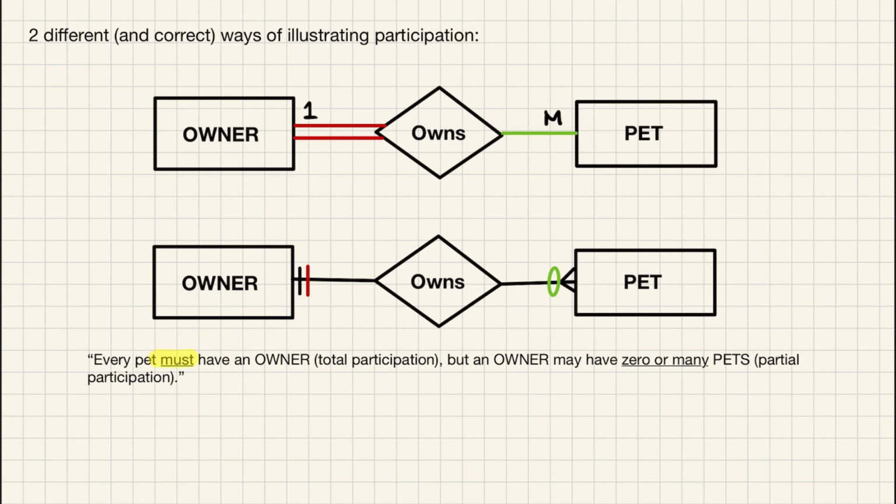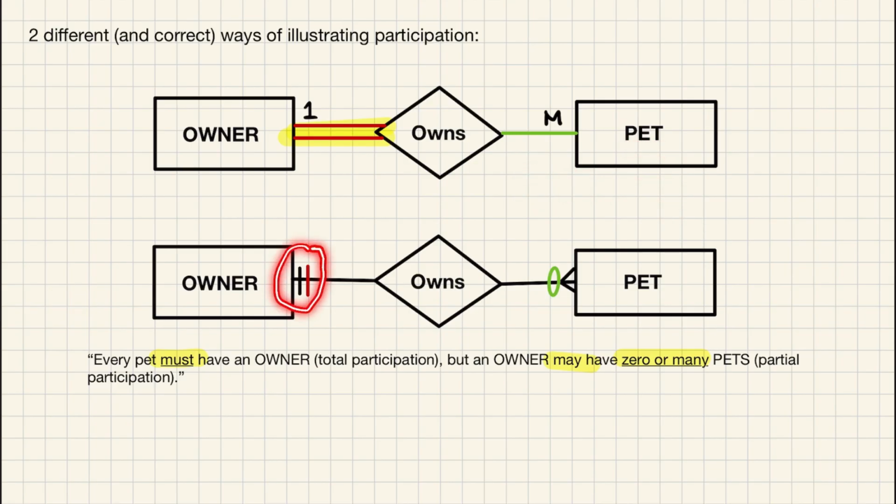So every pet must have an owner. But an owner may have 0 or many pets.